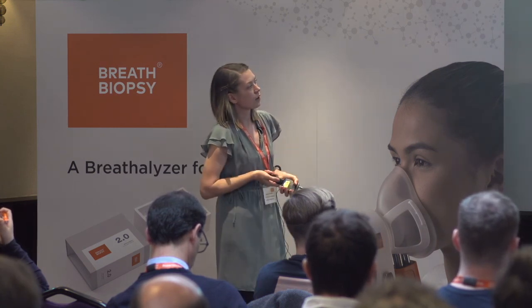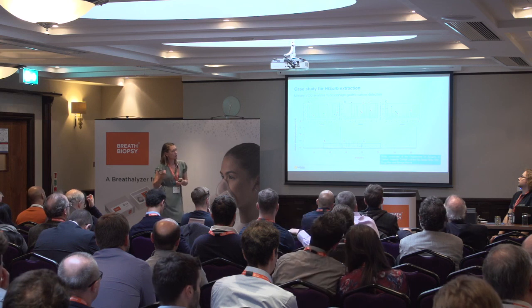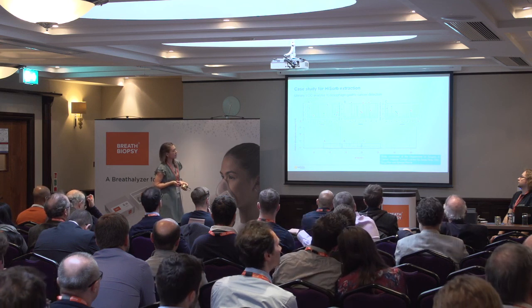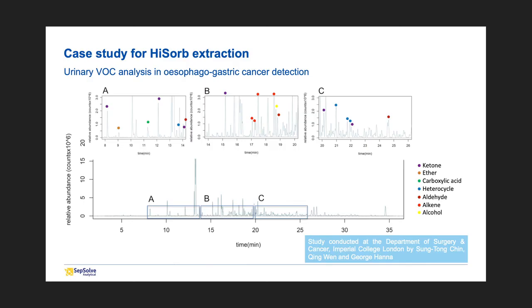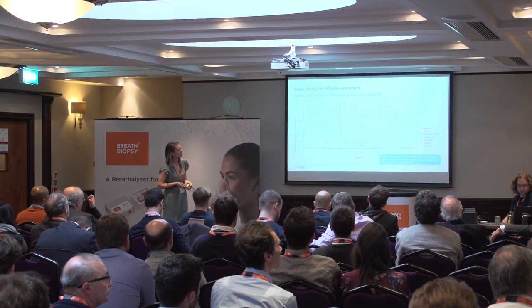So just to show an example of this in action, this was conducted by the team at ICL, where they did a preliminary study using the HiSorb probes. And you can just see in the expanded regions here all of the different compound and chemical class types here that were able to be sampled using a HiSorb.